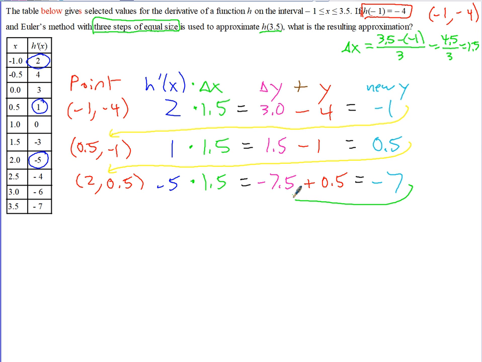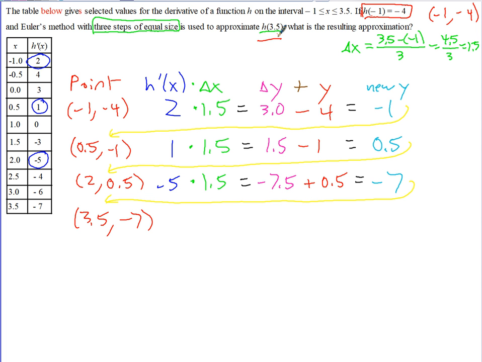And we take that. And again, increase the x-coordinate by the step size. 2 plus 1.5 is 3.5. And the new y-coordinate we just got is negative 7. And we know to stop for a couple different reasons. One is we're stopping at 3.5, which is exactly what we're asked to approximate it at.